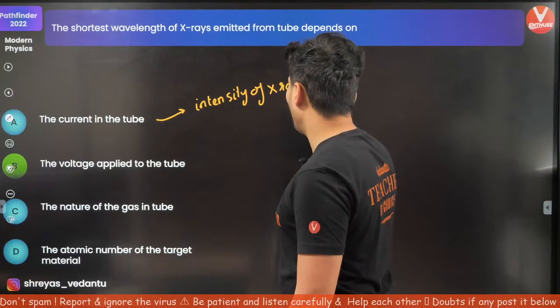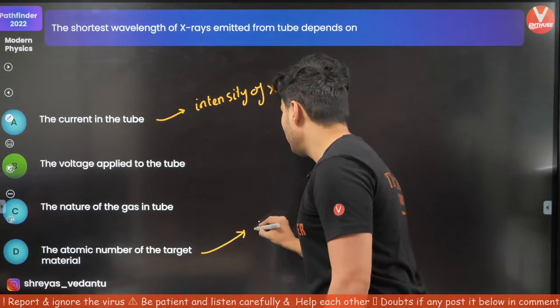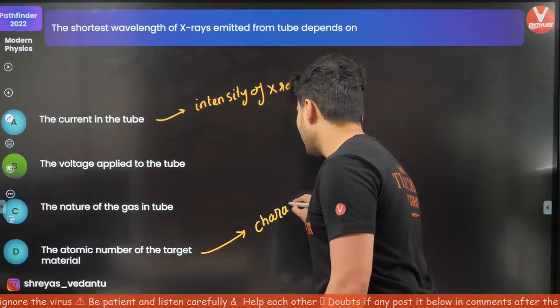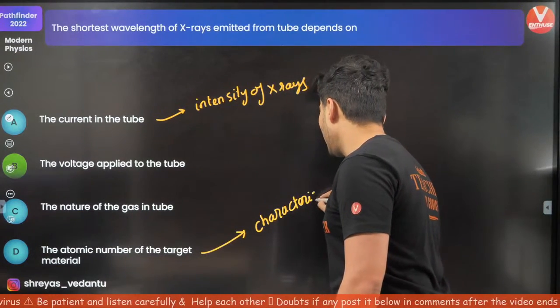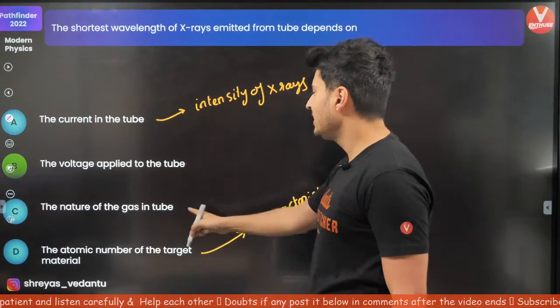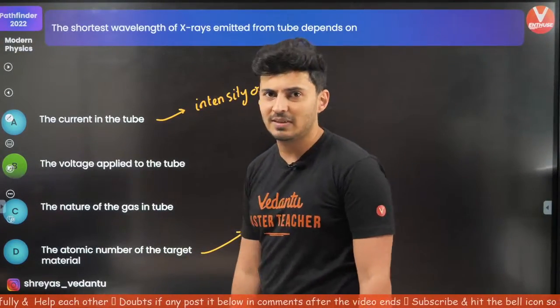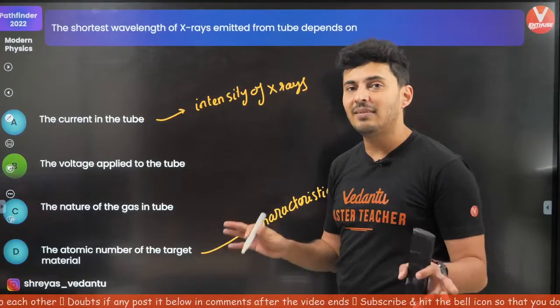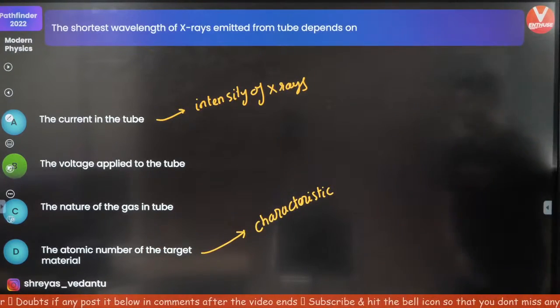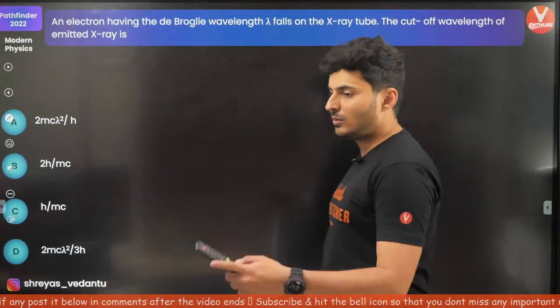Okay, then what does the target do? This will affect the characteristic X-rays. The nature of the gas will not do anything, guys. It's irrelevant to the production of X-rays. Ideally, you should not even have any gas inside. Okay, next question coming up on your screen.